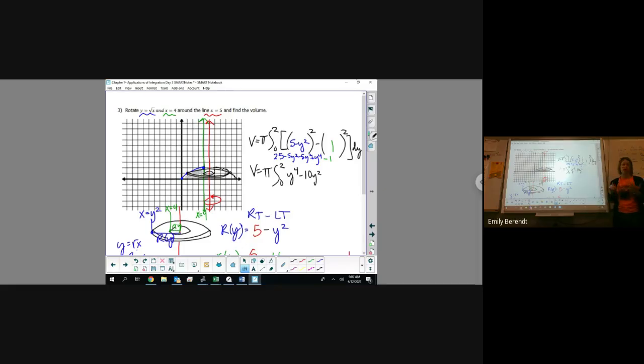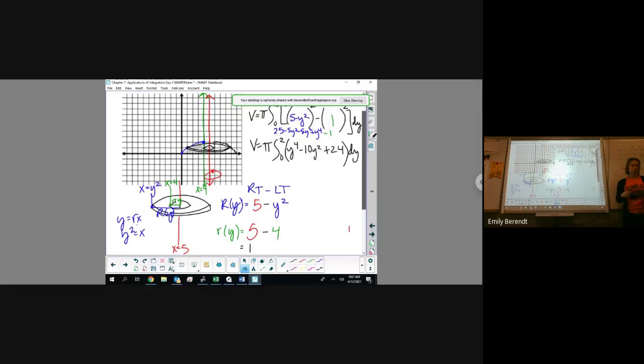And then the positive 25 and that negative 1 gave us 24. Power rule it. Y to the 5th over 5 minus 10 thirds y cubed plus 24y evaluated from 0 to 2.